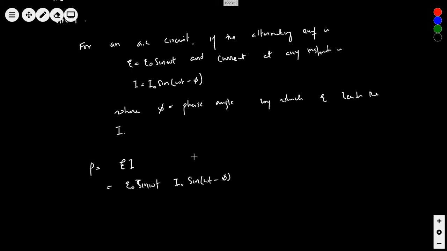So we can write this as, I can take E naught and I naught out. I am left with sine omega t and sine omega t minus phi.